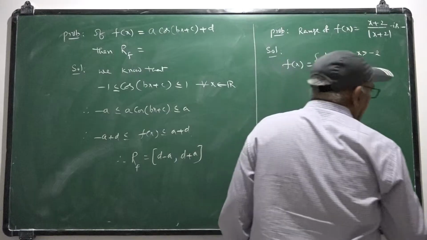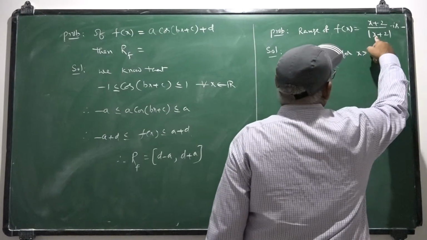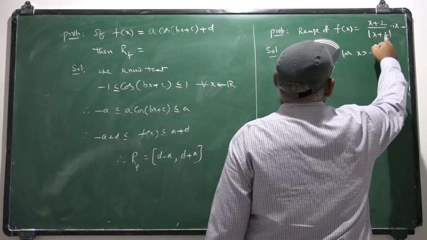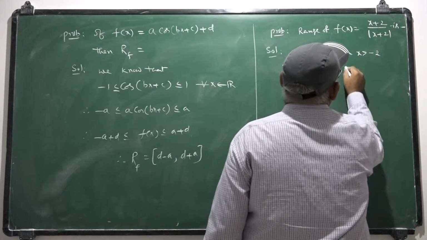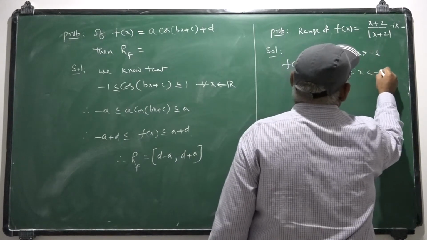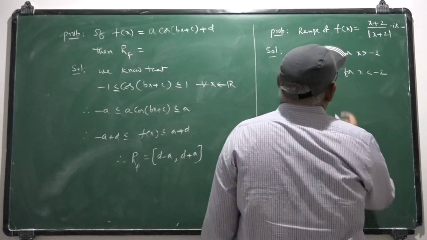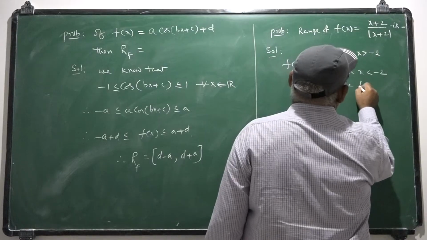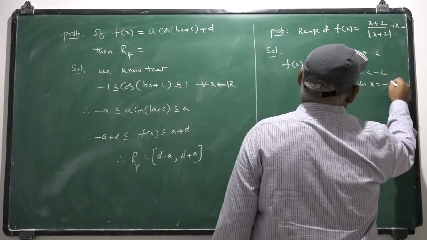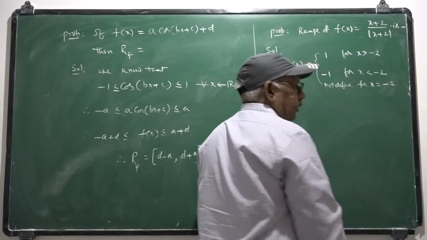For x less than minus 2, this is negative, so minus. Hence, we get minus 1 for x less than minus 2 and not defined for x equal to minus 2. So, this is our function.